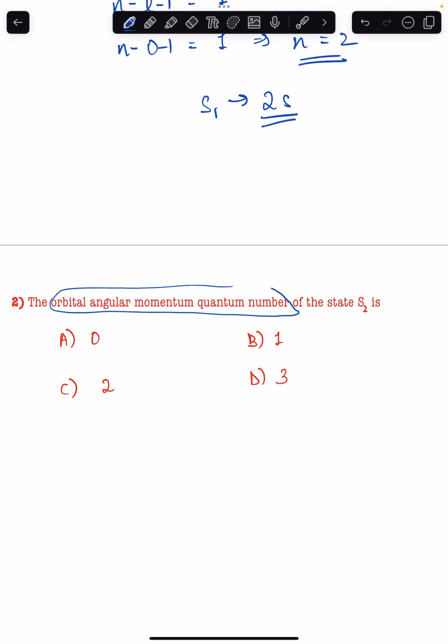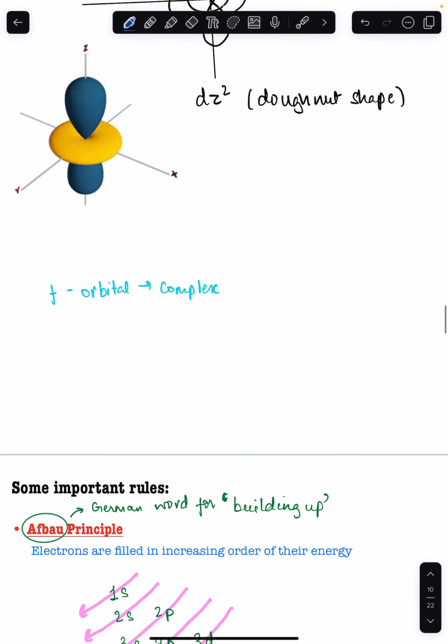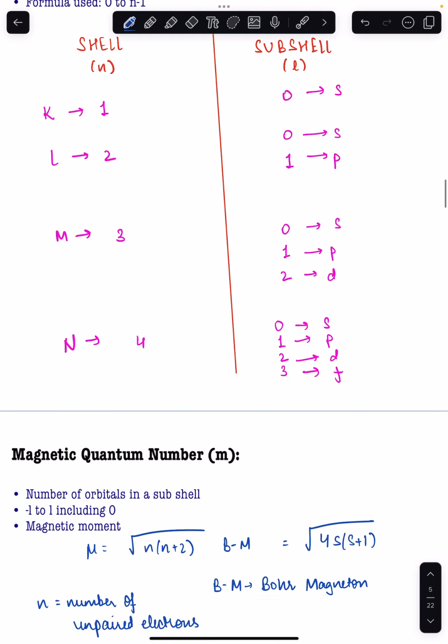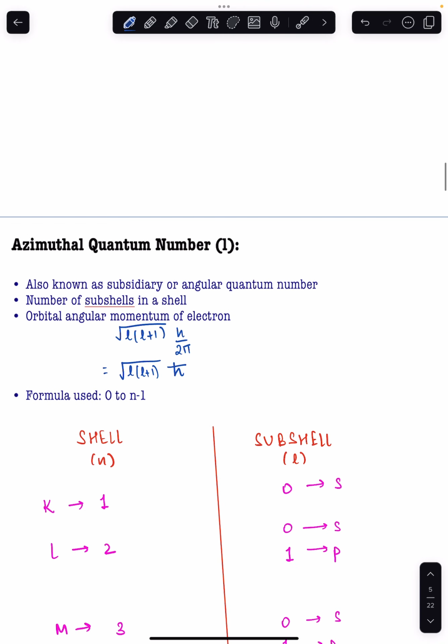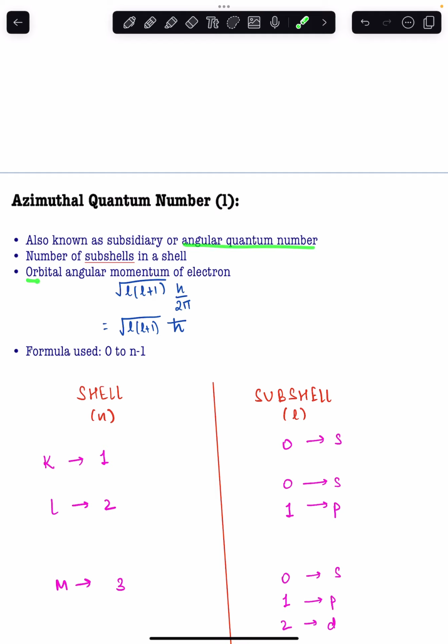This means the L quantum number, the azimuthal quantum number, because I taught you guys, I have written here that it is also known as the angular quantum number, and it is also called the orbital angular momentum of electron. It is given by this quantum number. So it is this one.